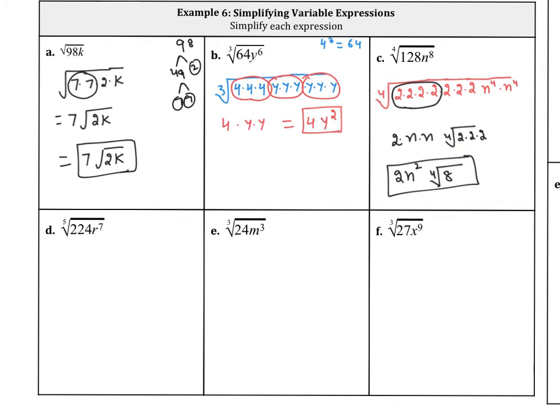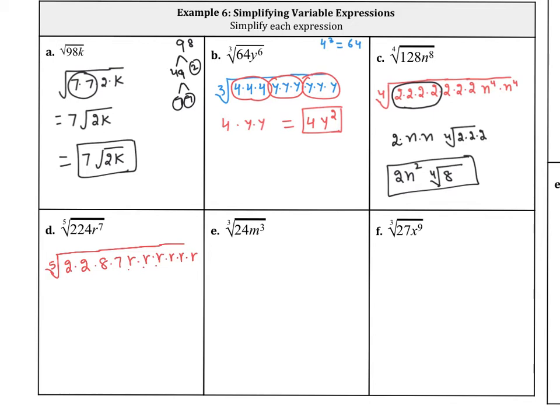Next you're going to do question letter D, and you're going to break this down again. So the prime factors are going to be 2 times 2 times 8 times 7, and r times r times r times r times r times r.